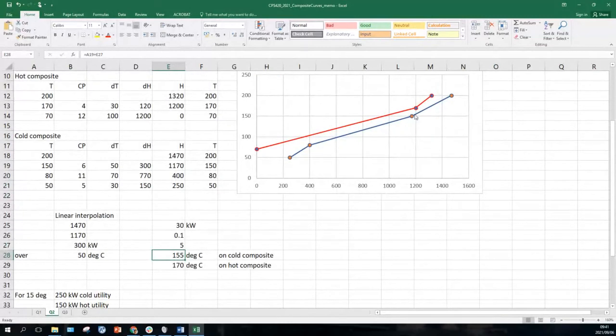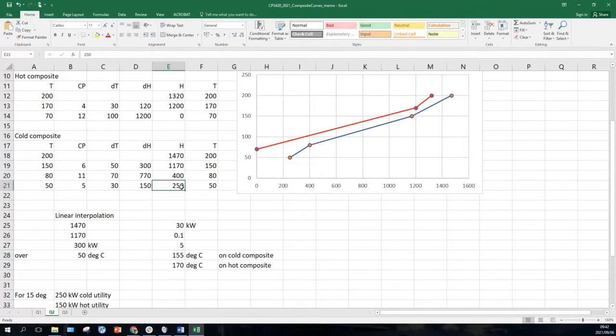you'd have to move this one. You'd have to go another 30 kilowatts, because we went 5 degrees going from there to there, and that would give 15 degrees difference, and if we wanted 10 degrees difference, we'd have to move this way by another 30.